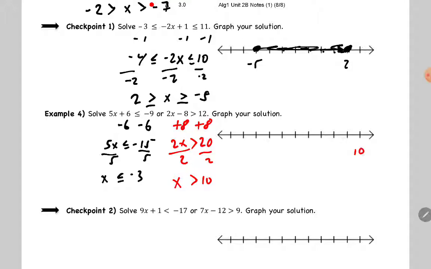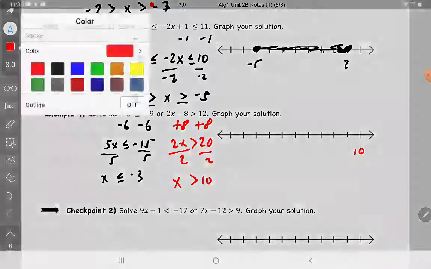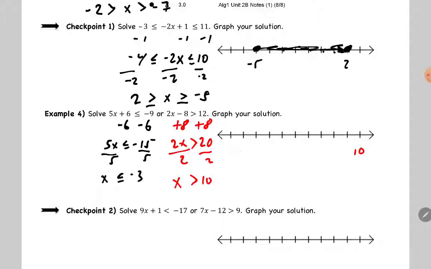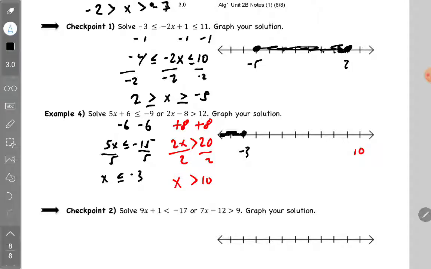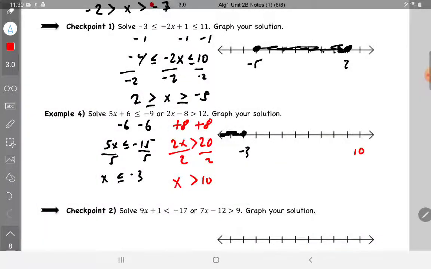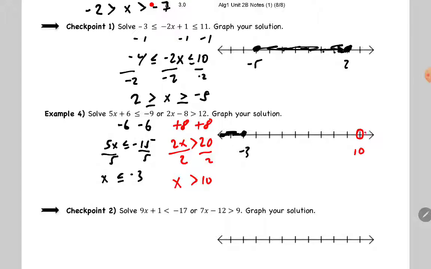So I'm just going to say that this is 10 and that this is negative 3. We have a closed dot here, and that goes that way. And then we have an open dot here, and it goes that way. So that's our answer.